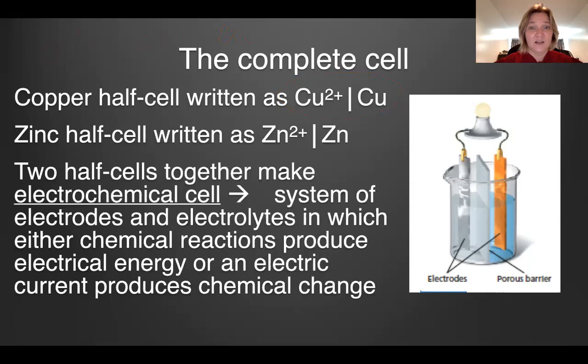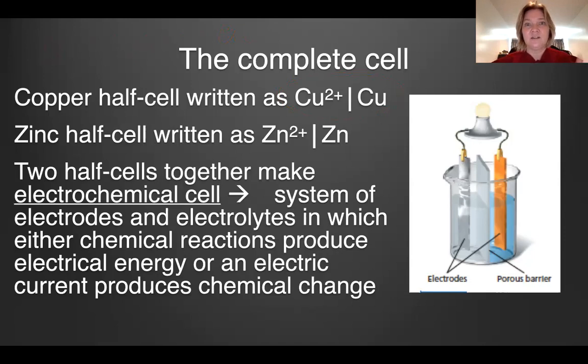The two half cells together make what's called the electrochemical cell. This is a system of electrodes and electrolytes in which either chemical reactions produce electrical energy or an electric current produces chemical change. There are two kinds of electrochemical cells that we're going to look at in this chapter: voltaic and electrolytic.